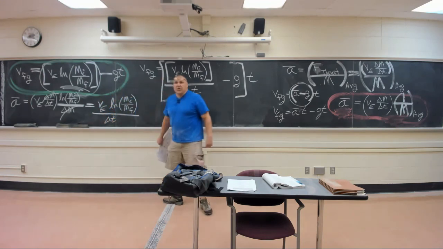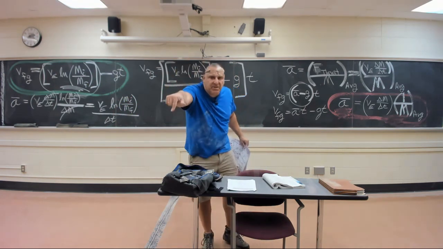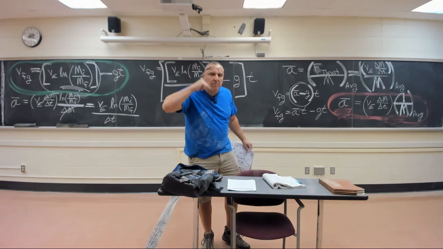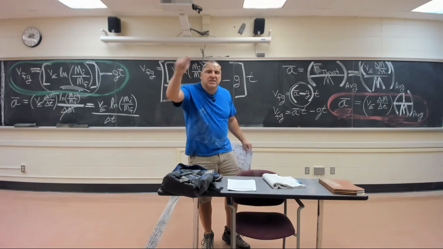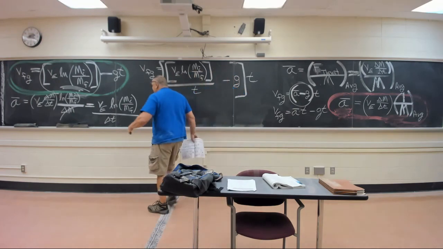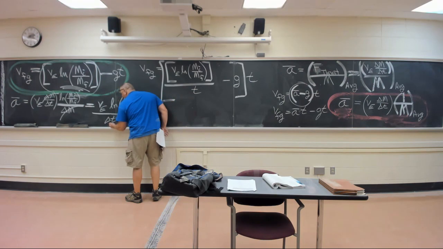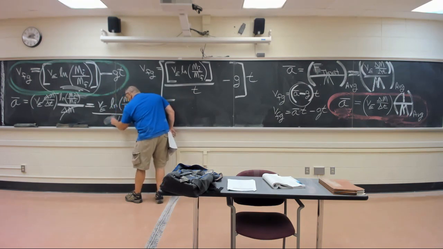Delta T is the change in time from time T equals 0 to time T. Time T minus time T equals 0. T minus 0 is T. That's equal to delta T. Delta T is TF minus TI. We said you start at time T equals 0 and you go to T. Delta T, ladies and gentlemen, is T.